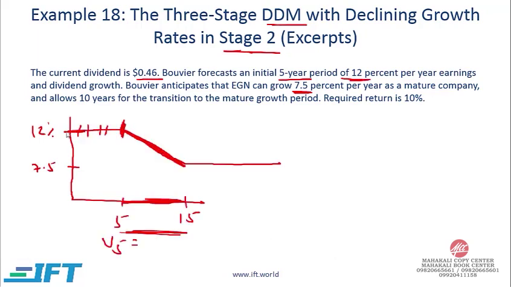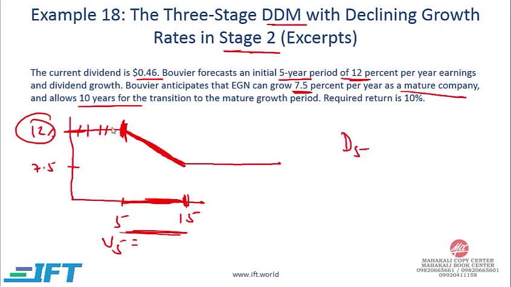For 5 years, the company grows at 12%. So you take D1, D2, D3, D4, and D5 with a growth rate of 12% and discount each of those back. And then notice that we are allowing 10 years for the transition. So the transition happens by the end of year 15. The value at period 5 can be calculated using the H model. And in the H model, instead of plugging D0, you will plug in D5.